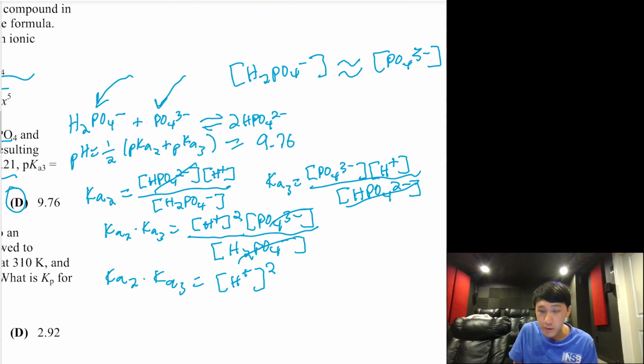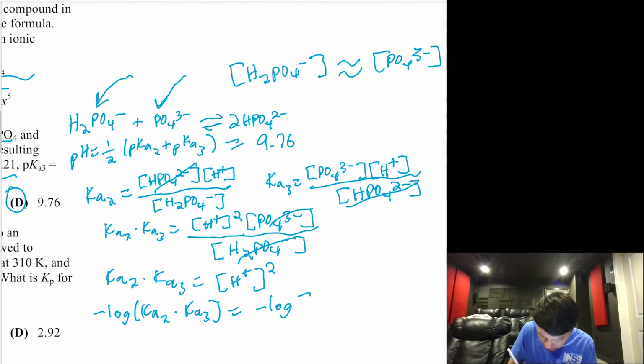If we take the negative logarithm of both sides, we have negative log of Ka2 times Ka3 equals negative log of the concentration of H plus squared. And then we can just use our log rules to simplify down to our final equation.